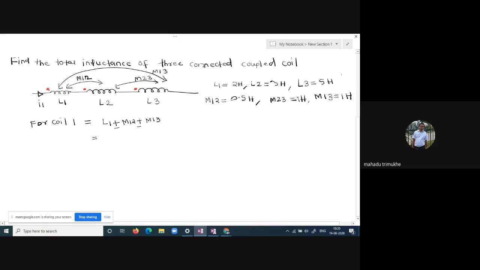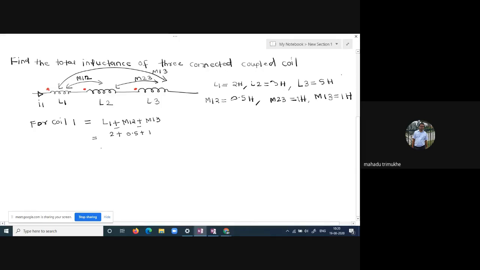Now we know the values of the self inductance and the mutual inductances, so putting in the values: L1 is 2 Henry plus M12 is 0.5 plus M13 is 1 Henry.